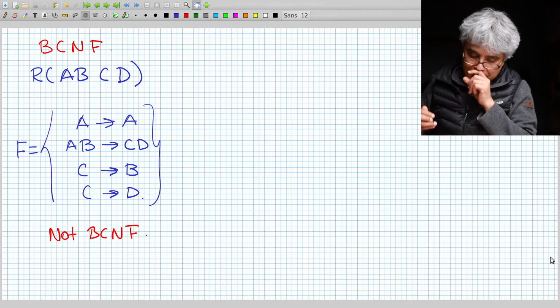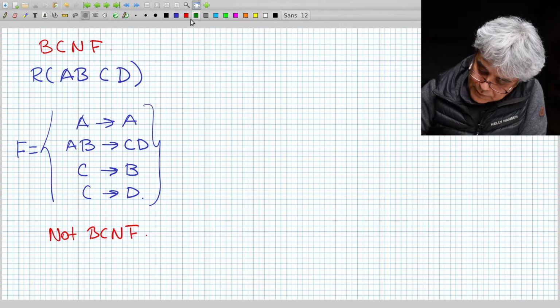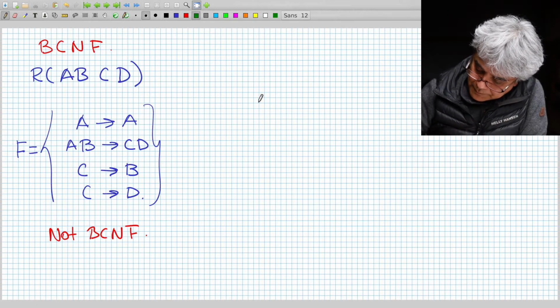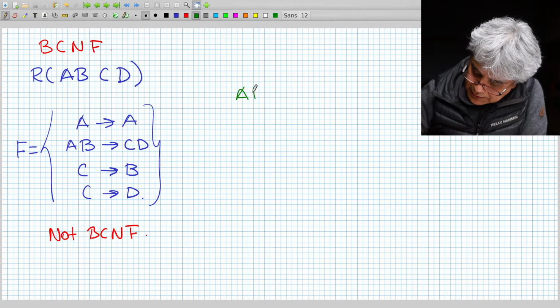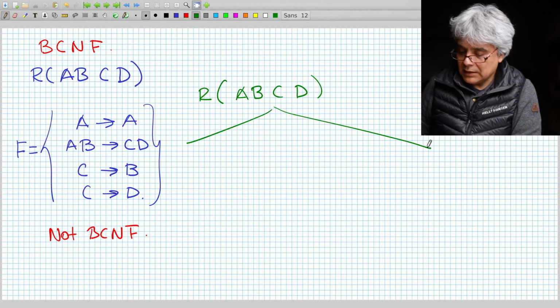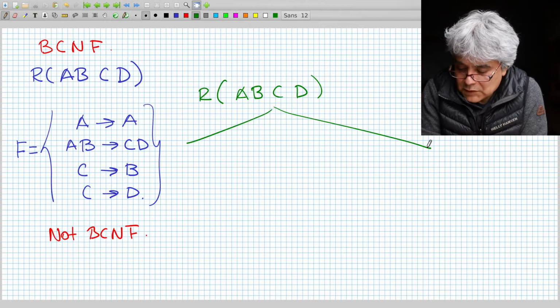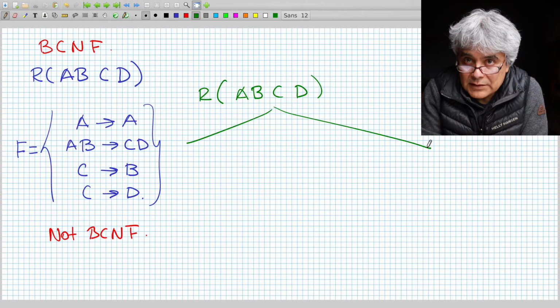So let's go through the algorithm. I will not list it here, but I will go through it so it becomes clear what the algorithm is. I like to write my relation. And the decomposition starts by selecting one of the FDs that breaks BCNF.